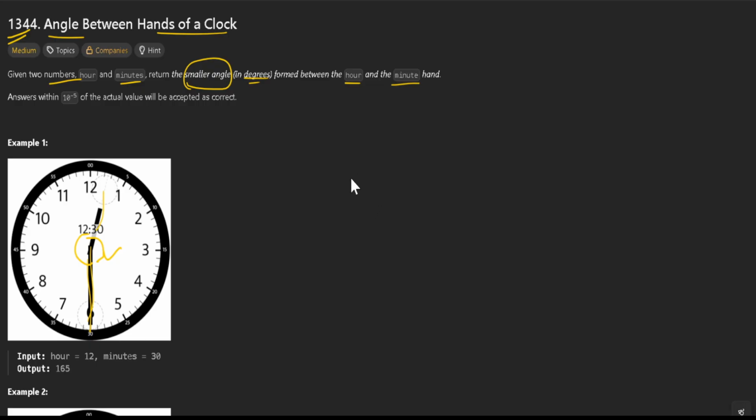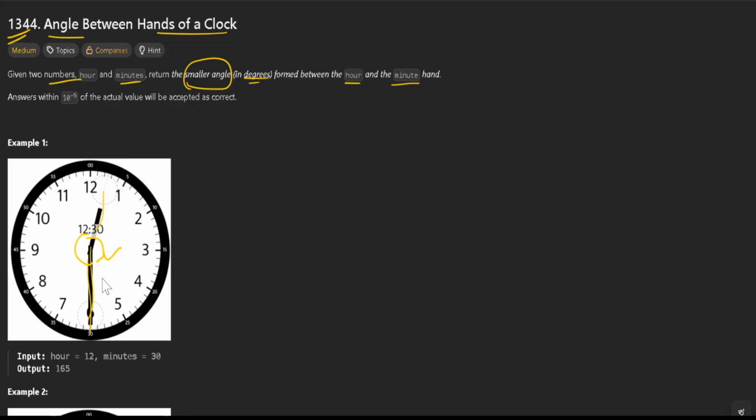Basically, if you want to find the angle between the minute hand and the hour hand, how will you find that? To find the angle between the hour and the minute hand of this analog clock or watch, we have to use a very simple formula based on the position of both hands.